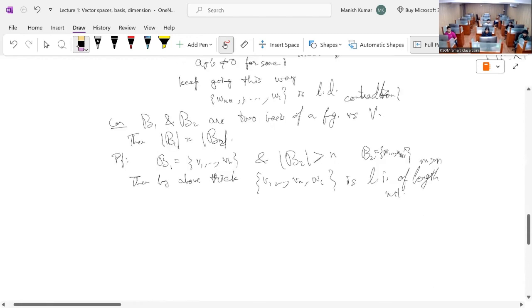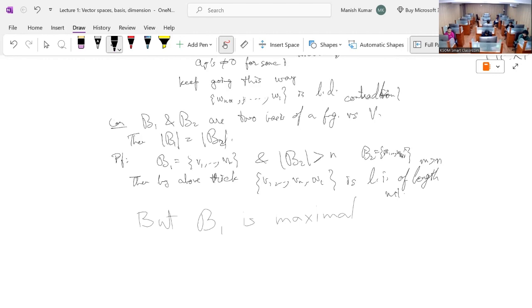So by this trick, but B1 is a minimal generating set, and it's a basis, right?